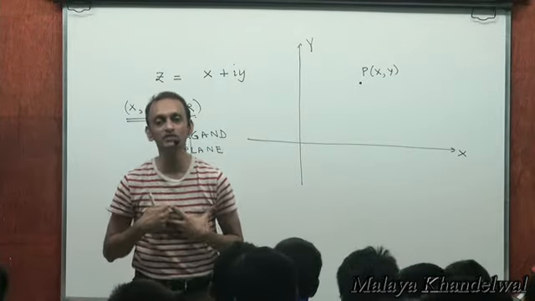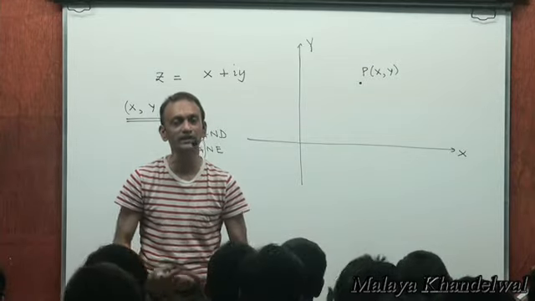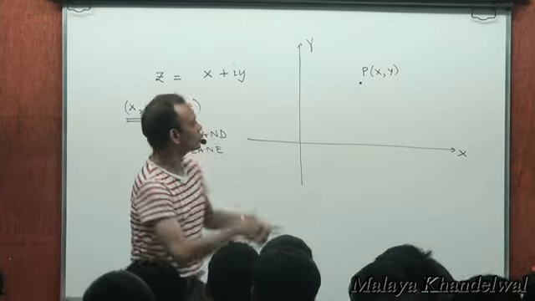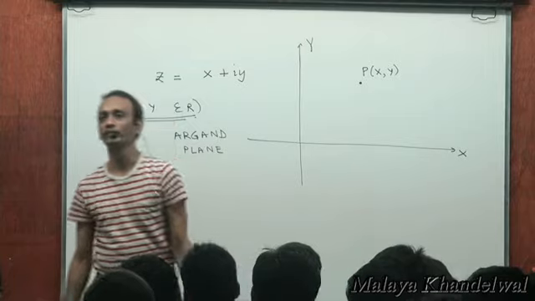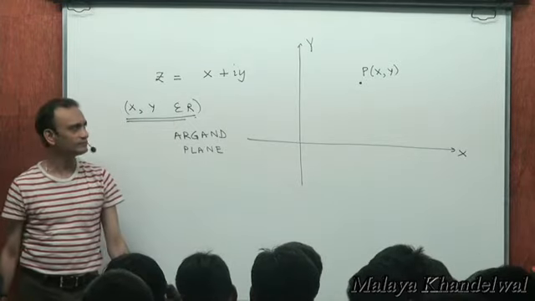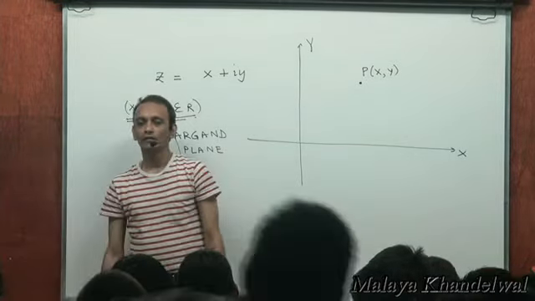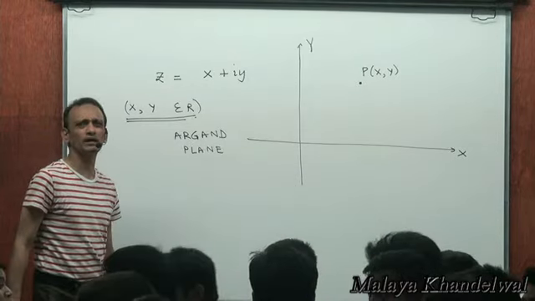But this time this point P would mean to us, as is understood between you and me, let's say we decide to call the number z as one being represented by the point P, x plus iy, right? So for every z there was a unique P, for every P there was a unique z.